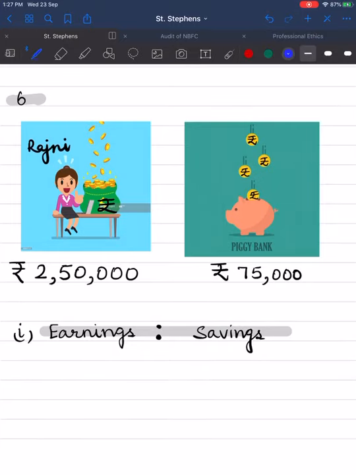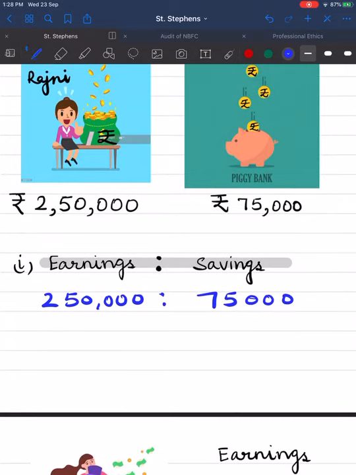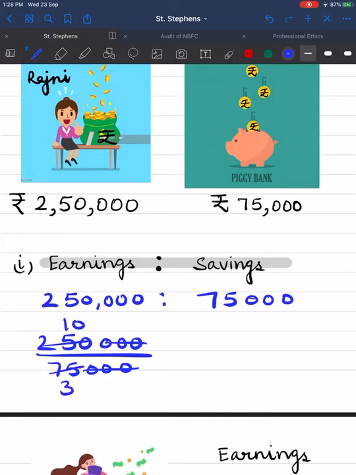So here we have 2,50,000 is to 75,000. Writing it as a division, we have 2,50,000 upon 75,000. Cancelling out 3 zeros. Now 25 is the common factor. 25 tens are 250, 25 threes are 75. So we get 10 upon 3. So the ratio of earnings to savings is 10:3.